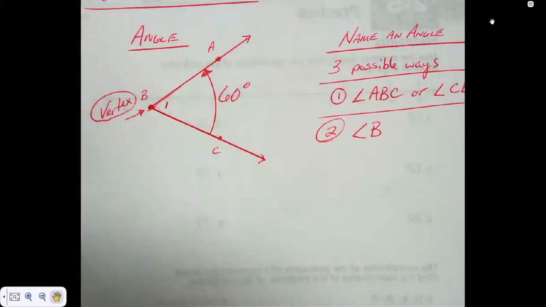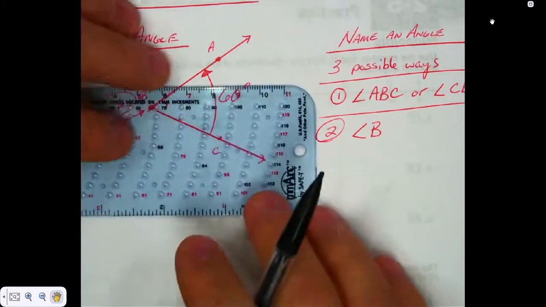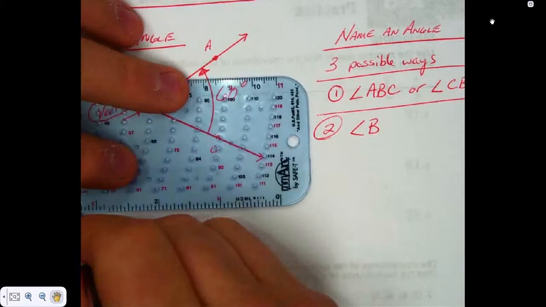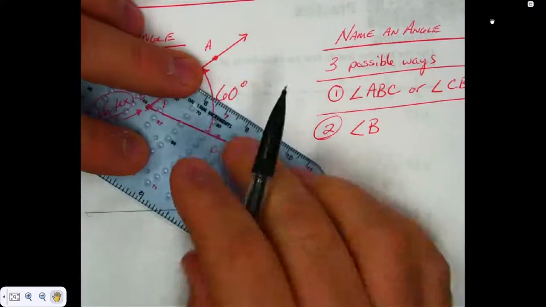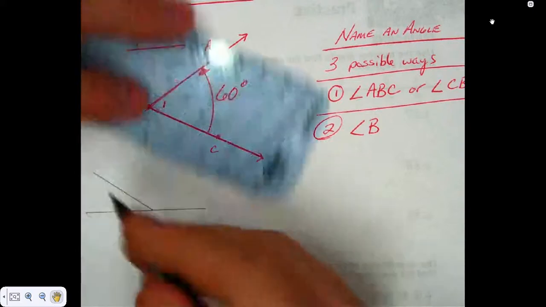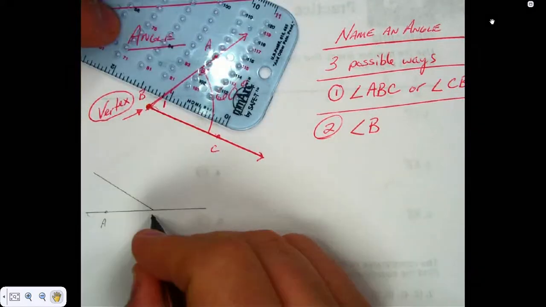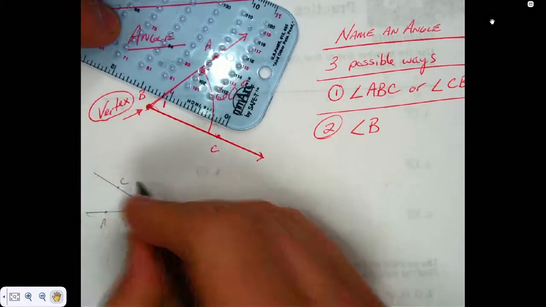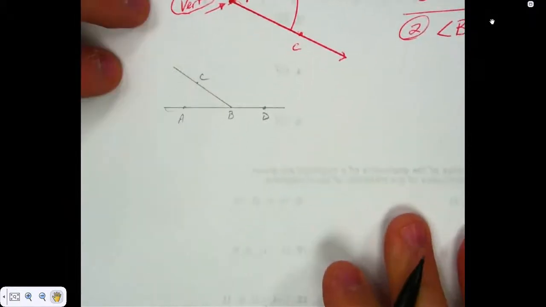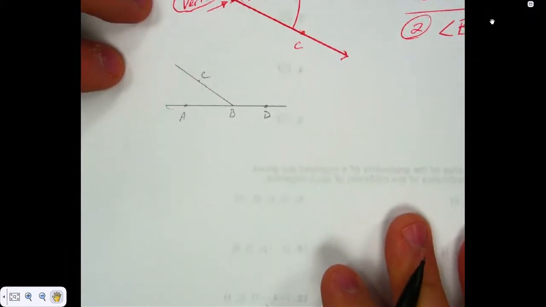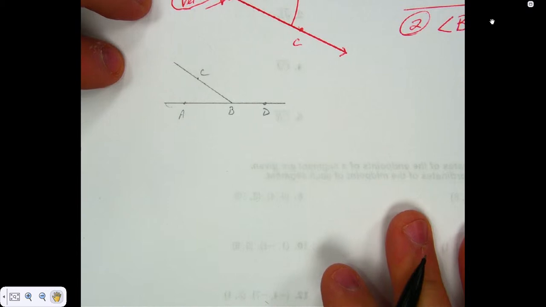But, and don't write this down, if I was to draw this, because I'm going to erase it right quick, if this was the picture I was referring to, and I said, what's the measure of angle B?